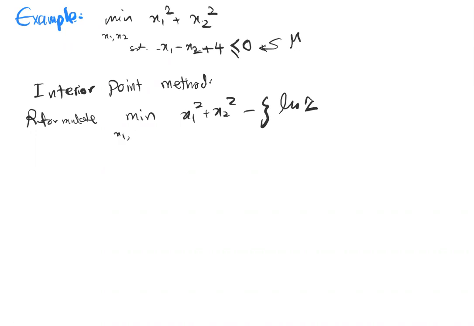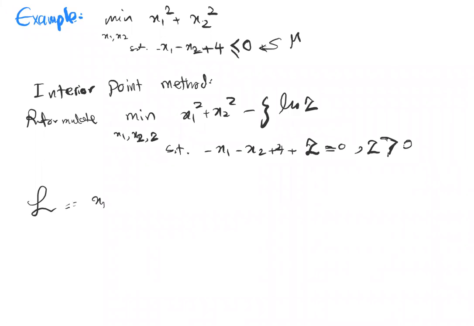Our variables are x1, x2, and z, subject to minus x1 minus x2 plus 4 plus z equal to 0. We also know that z should be a positive value. In the first step, we write the Lagrange function, which is x1 squared plus x2 squared minus zeta logarithm of z plus mu multiplied by minus x1 minus x2 plus 4 plus z.